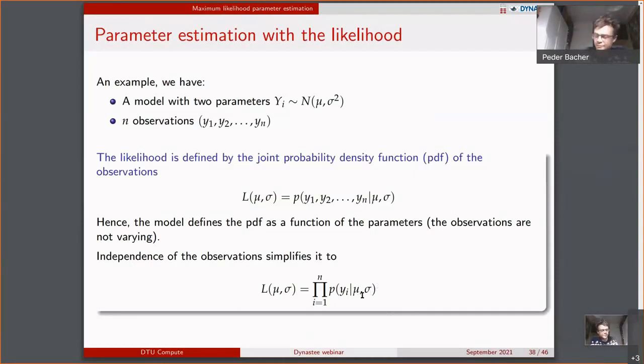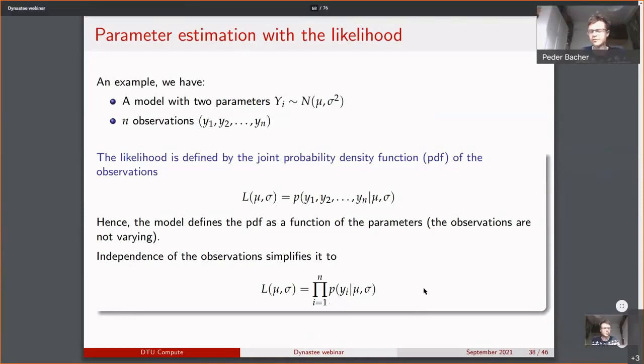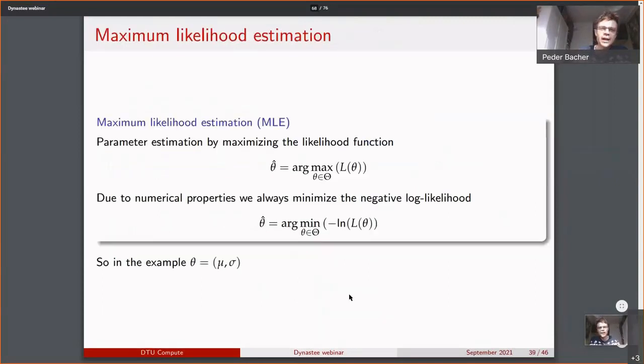But I won't go into details on that. I'll just tell you that it's maximum likelihood that we're using, and you can take courses just on maximum likelihood. It's used in many different types of models. Now we just use it for stochastic systems, dynamical models, greybox models. So basically, we formulate this likelihood function and find the parameters which maximize it.